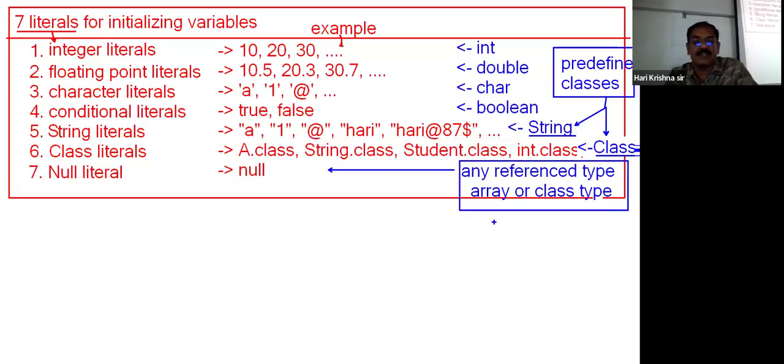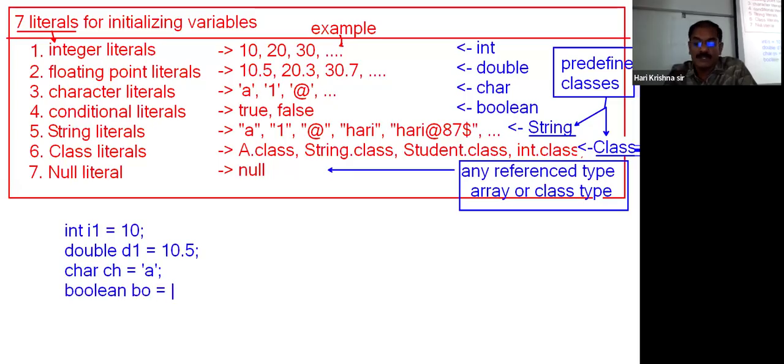Any reference type variable. Now tell me, if I create an int variable, I need to use an integer literal. If I create a double variable, I should use a double literal. If I create a char variable, I should use a character literal. If I create a boolean variable bo, you should initialize it with a boolean value.